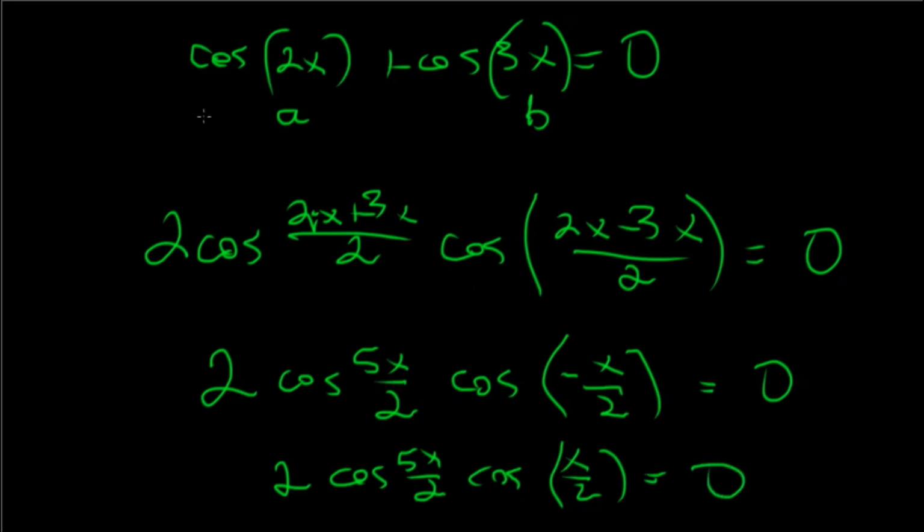So this equation should be very quickly solved if you use these new formulas. Otherwise, you have to use the cosine double angle formula, the cosine triple angle formula, and then do a lot of factoring. So this avoids all that and turns it right into a product. 10 out of 10 would recommend.